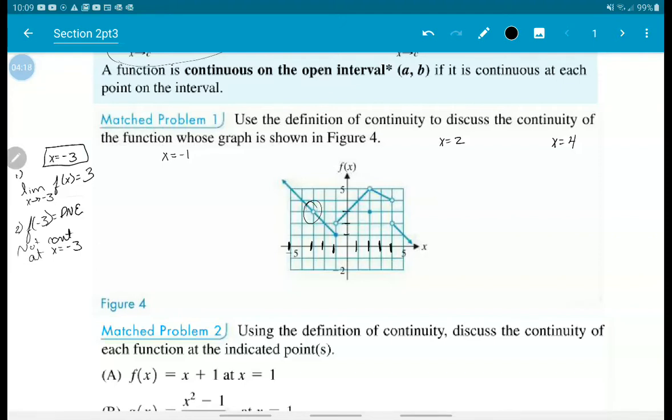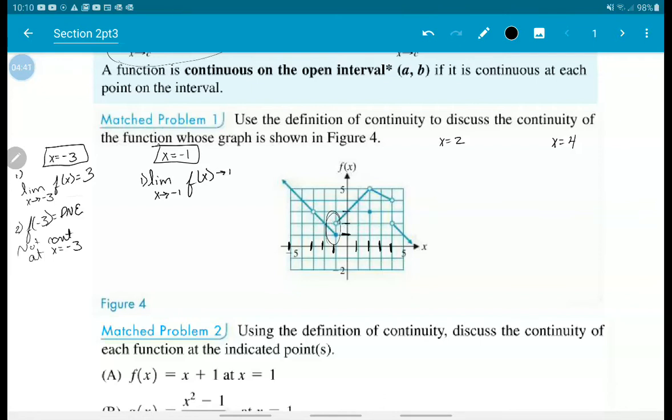So now let's examine what's going on at -1. At -1, visually we can see there's a gap here. So let's start by looking at the limit. We take the limit as x approaches -1 of f of x. If you look at this, that left-hand limit is 1, and that right-hand limit is 2.